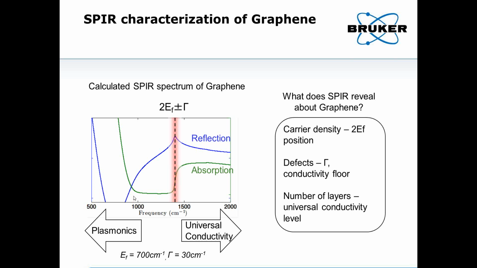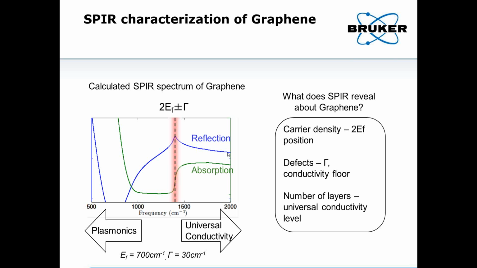So this lower frequency side where we see this absorption spectrum start to pick up, that's the plasmonic side. And the region to the right of this transition, which occurs at twice the Fermi energy, is the universal conductivity regime. So it's the universal optical conductivity, quote-unquote, regime, where the optical conductivity is constant.